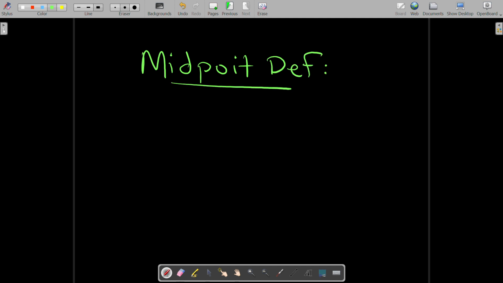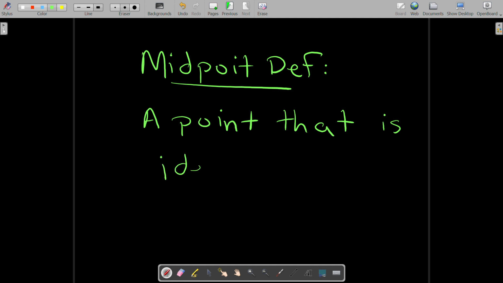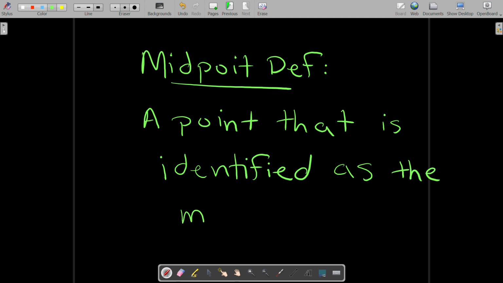A midpoint is a point that is identified as the middle of a segment. So this is the definition of the midpoint.